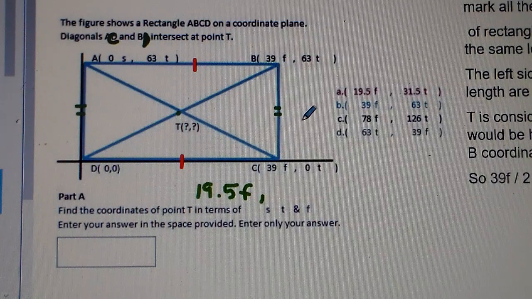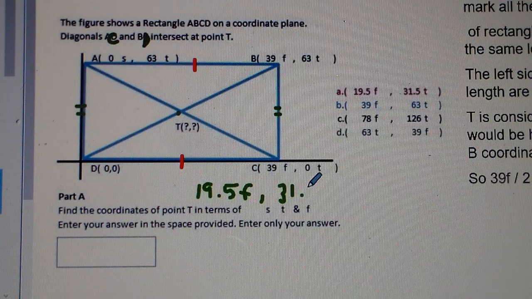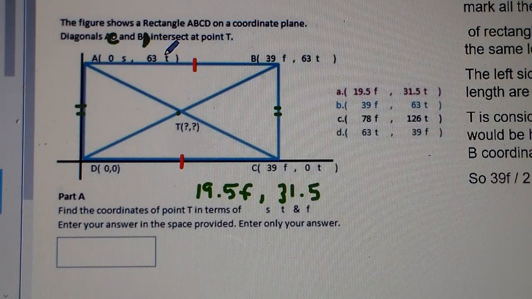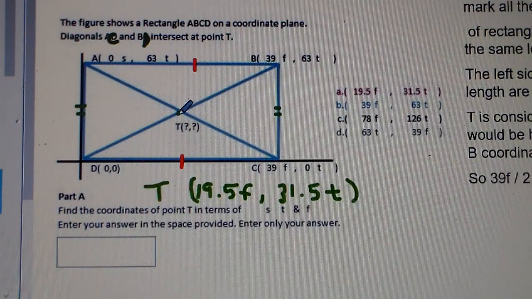And then half the height, well, the height going up is 63T. So half of 63T is 31.5. And there they use this T. So it'd be 31.5T. And that's the coordinate of that coordinate T.